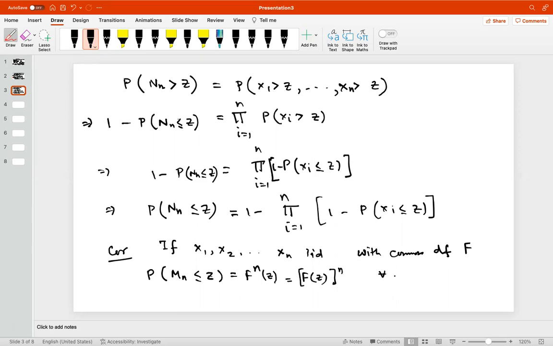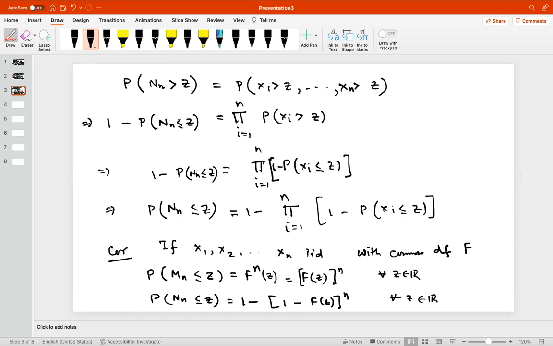for all z. And what of the minimum? The probability that the minimum value is less than or equal to z is just 1 minus (1 minus F(z)) whole to the power n for all z. So this is very, very important.